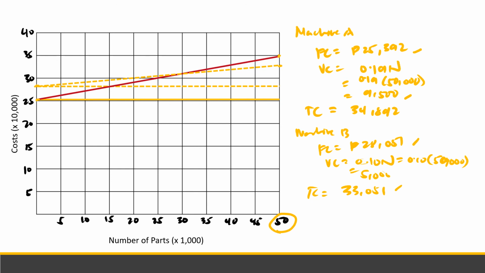Okay. So the break-even point nila is somewhere here. So somewhere dito yung break-even point niya between the two alternatives considering the costs. So this is the break-even point. So projecting it downward, so siguro around 29,000 to 30,000.